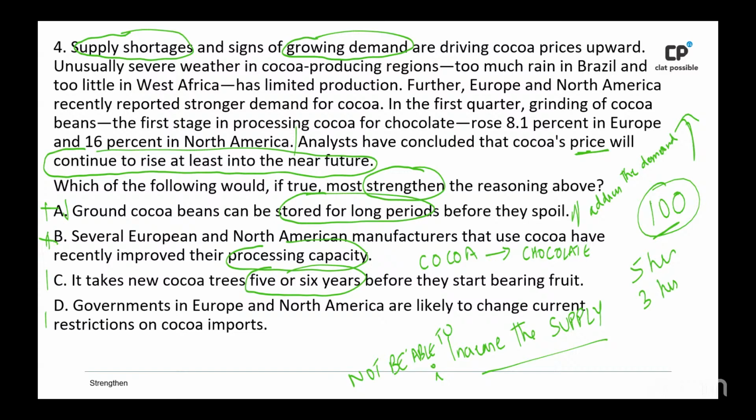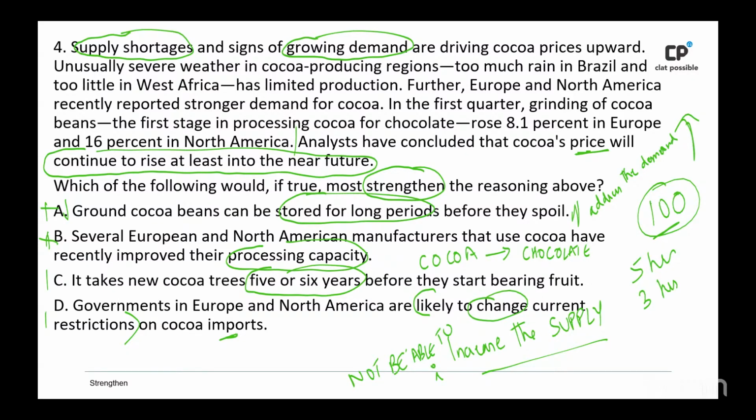Lastly, D, governments in Europe and North America are likely to change the current restrictions on cocoa imports. How is that going to help? And what does it mean to change the current restrictions? Will they intensify the restrictions? Will they make them more strict?